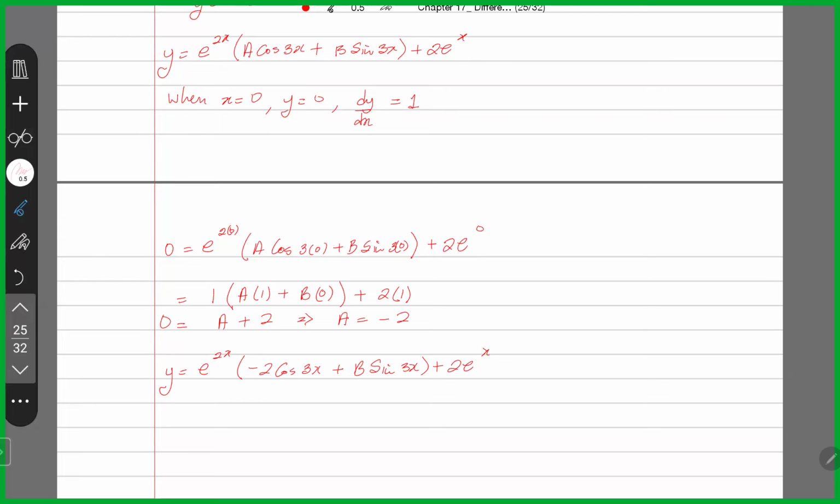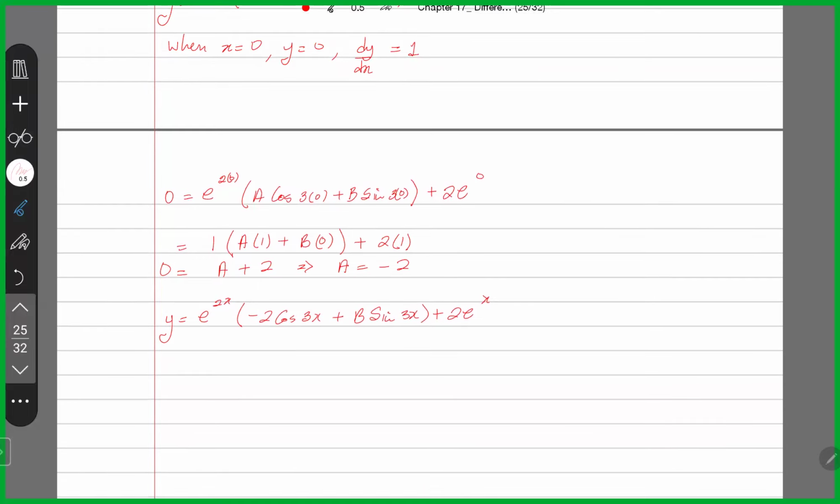We need to determine the value of b, utilizing that when x is 0, dy by dx is equal to 1. So let's differentiate dy by dx. Product, leave the first, e to the 2x. Differentiate the second. If we differentiate cos, we get minus sine. Minus 3 times 2, this becomes 6 sine 3x, you differentiate sine, you get cos, plus 3b cos 3x.